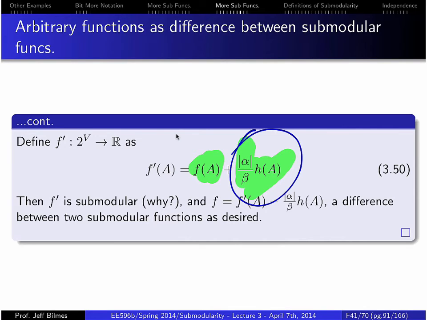It's going to be positive. I mean, alpha is like the largest magnitude negative deviation from submodularity.